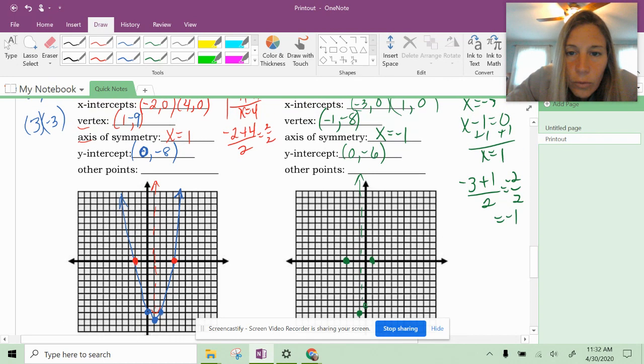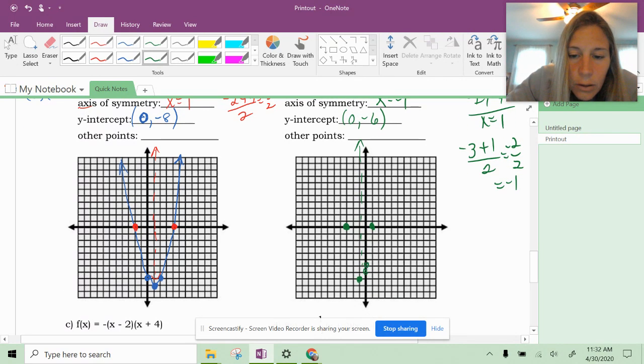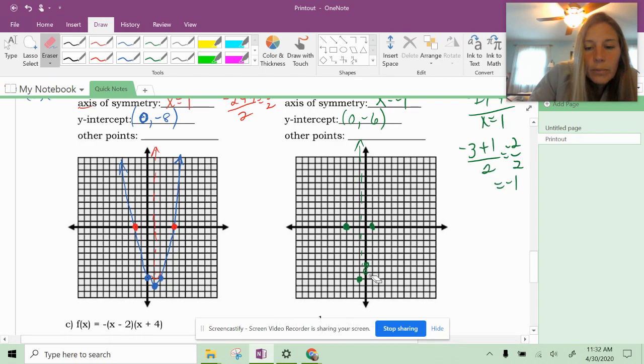Wait, I think I counted wrong. Yeah, it's right there. And then because you have that axis of symmetry, you can also plot a point on the other side of the axis of symmetry from that one. And then there is your parabola.